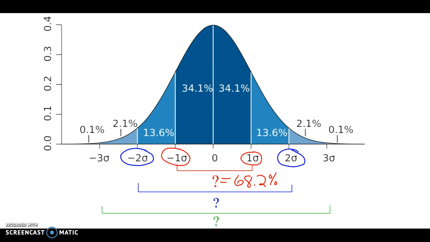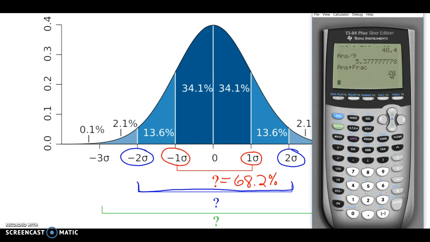So how many total percent fit all the way in between the blue line? So out of all the percentages in the middle, we have 13.6 plus 13.6 plus 34.1 plus 34.1. 95.4. So write that in the second one.